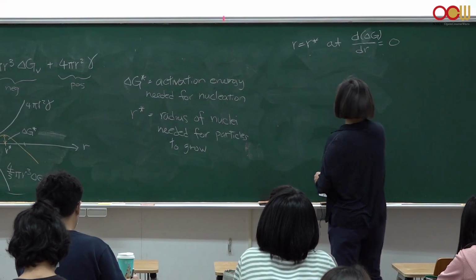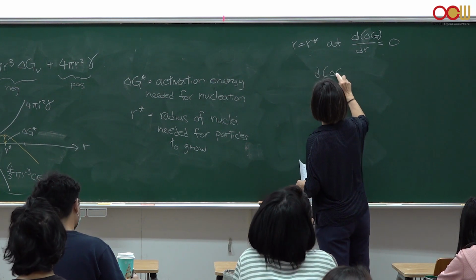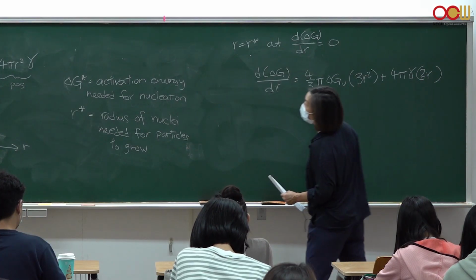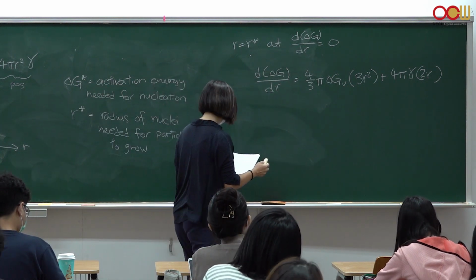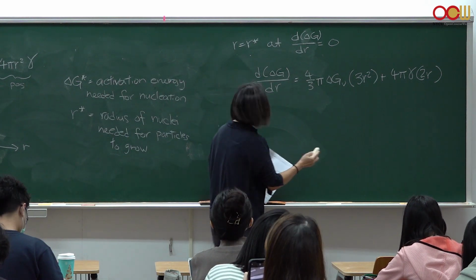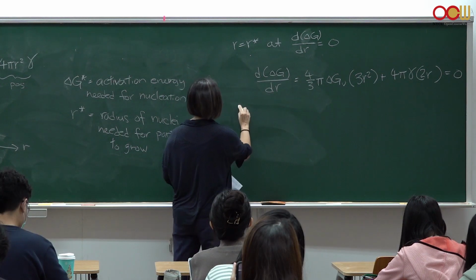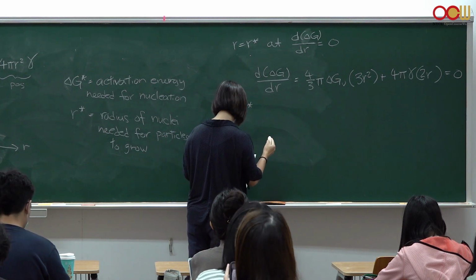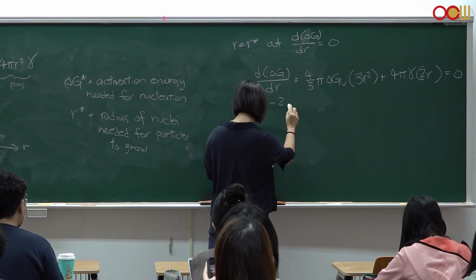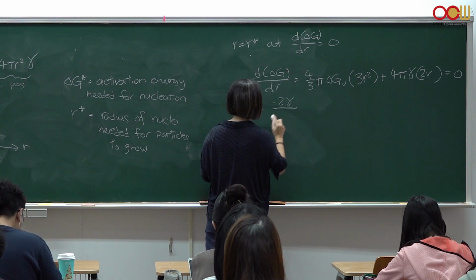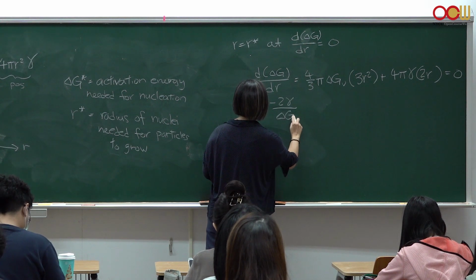Right? So let's do that. Just taking the derivative of that equation and setting it to 0. So R star would equal negative, so I just combine everything, 2 gamma divided by delta G V.